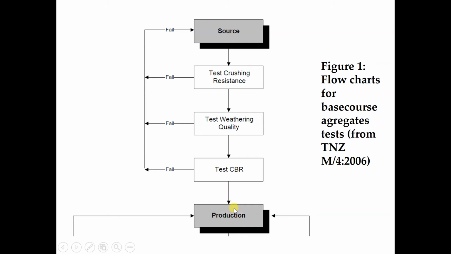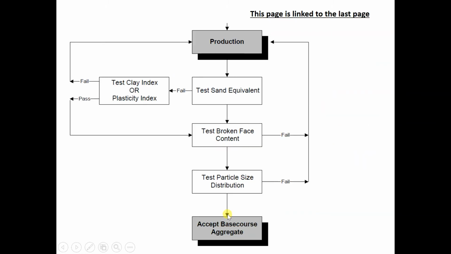You have the aggregates and you test the sand equivalent, which basically tests the amount of clay content, and then you check for the clay index or the plasticity index.